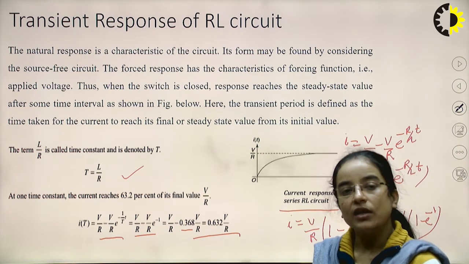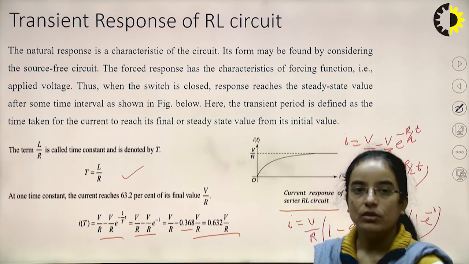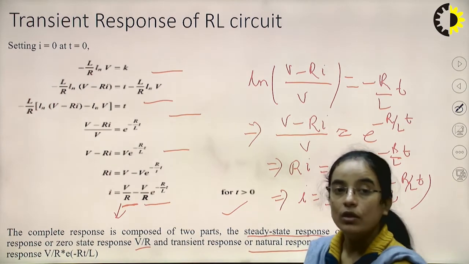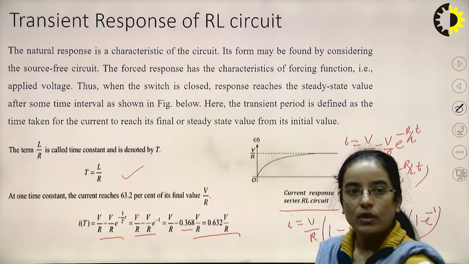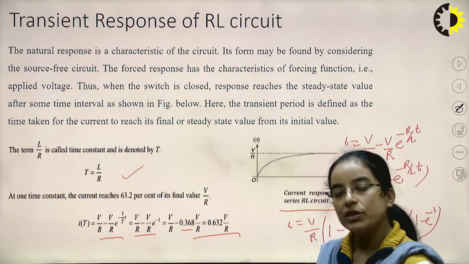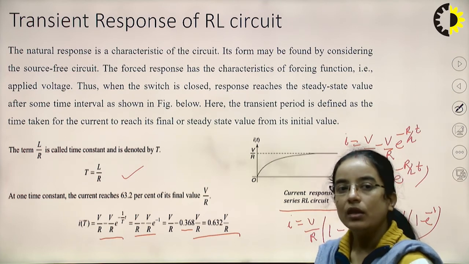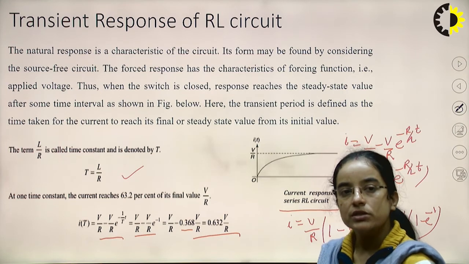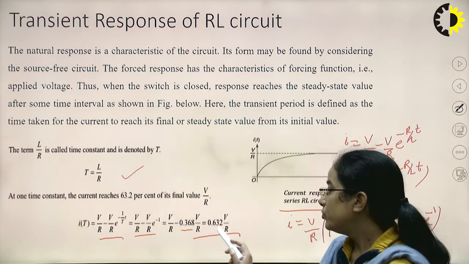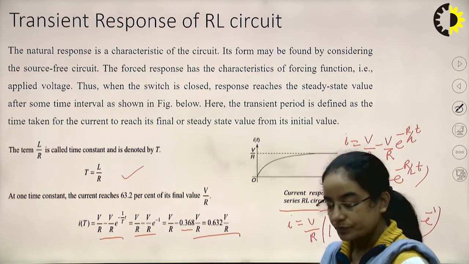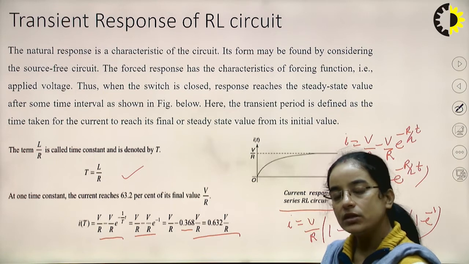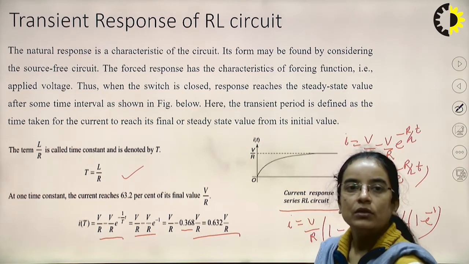V by R is the final value, so at one time constant, when time is equal to the time constant, the current will reach 63.2% of the final value.